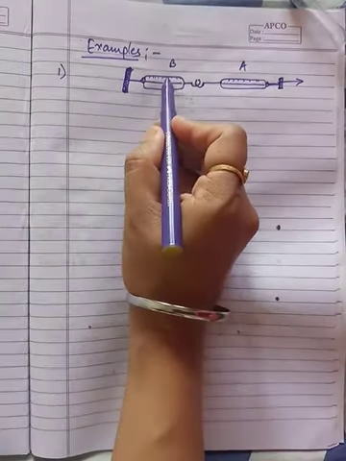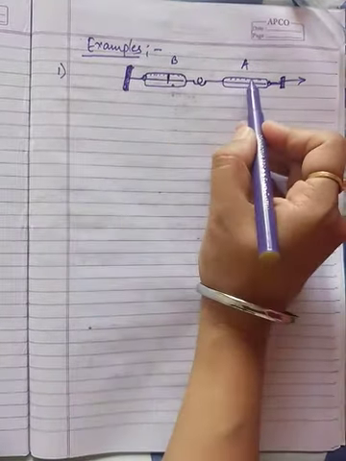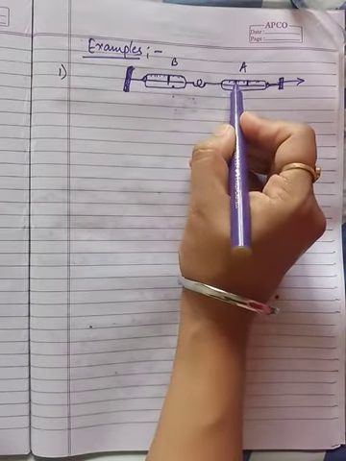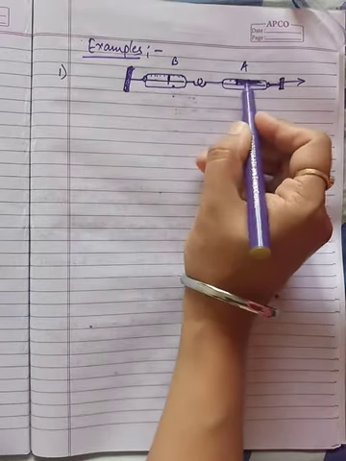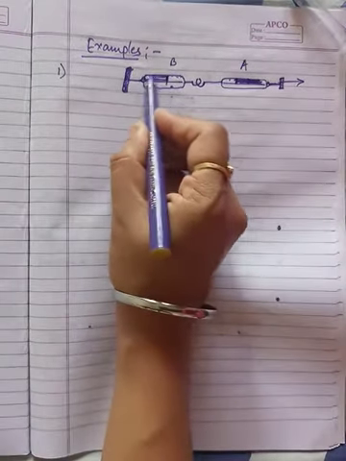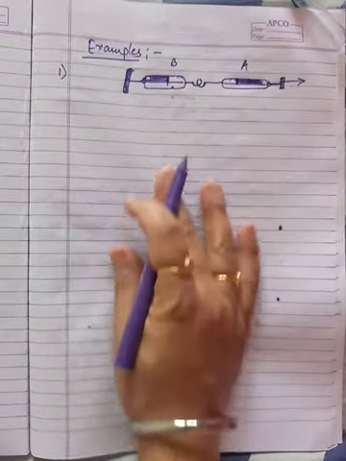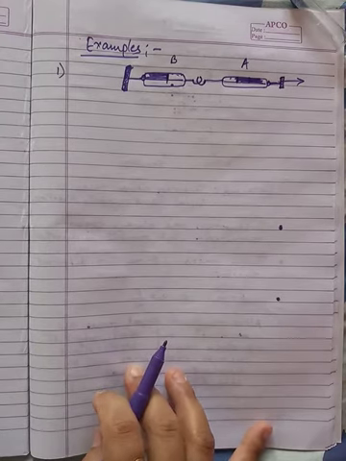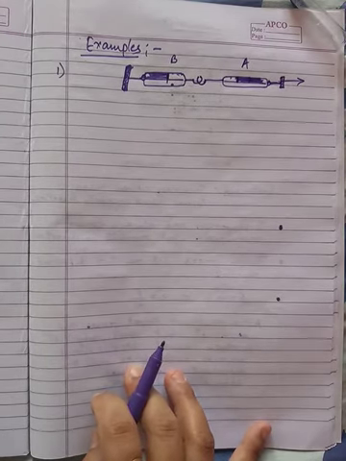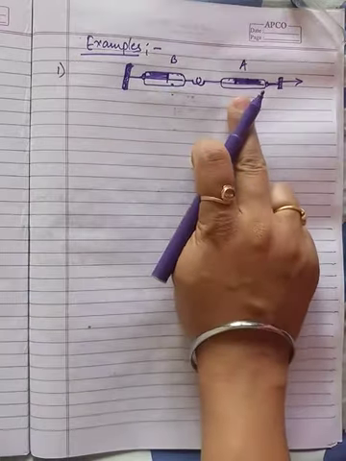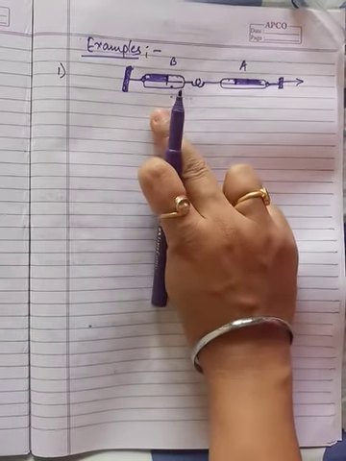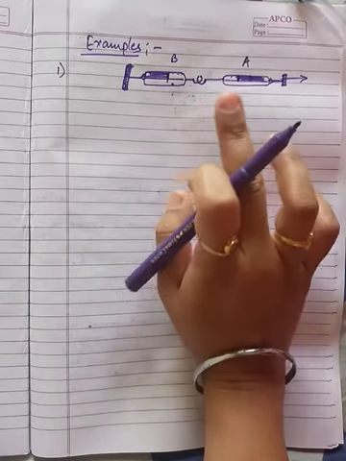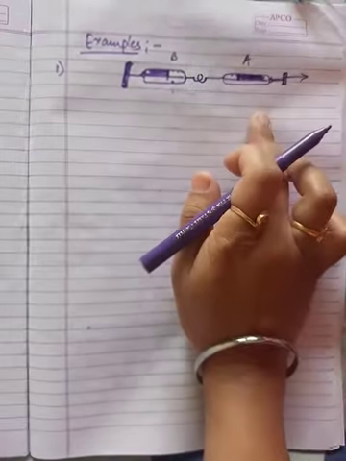Suppose the reading is like this till this point, and this is also showing, okay, this is opposite now, so it is also showing the reading, this is the reading, you can see. Okay, so the reading in both the spring balances is shown as same. It means that the force exerted by a spring balance A on B is equal but opposite in direction to the force exerted by B on A, right?